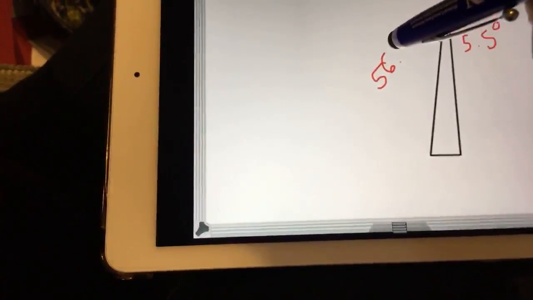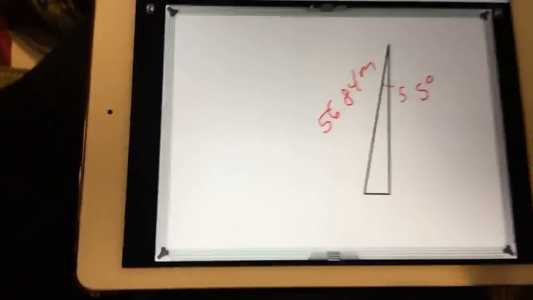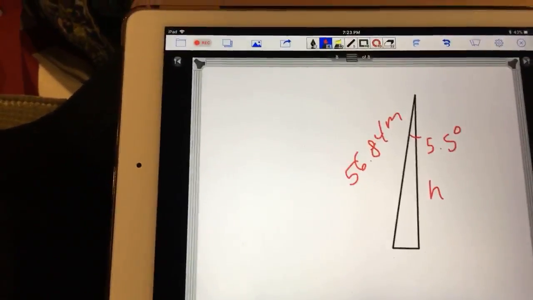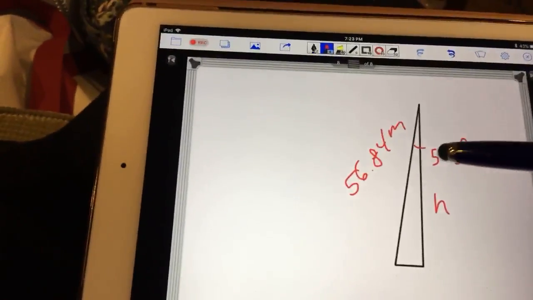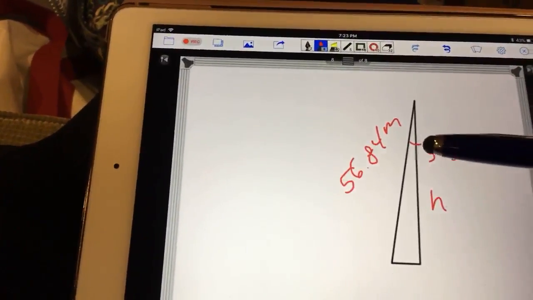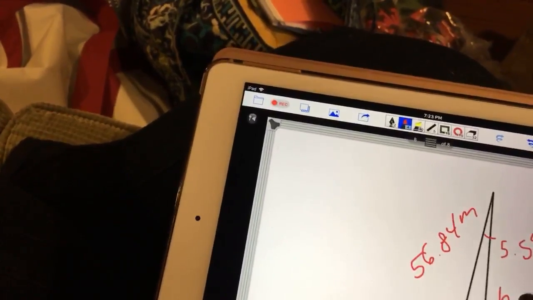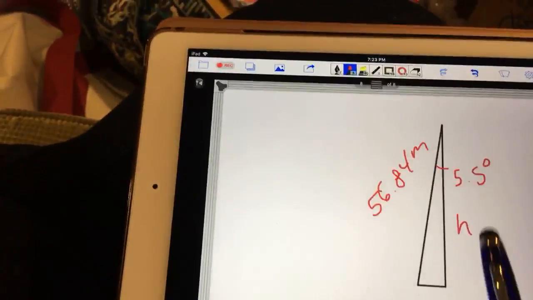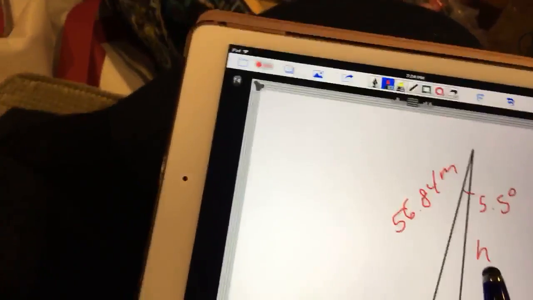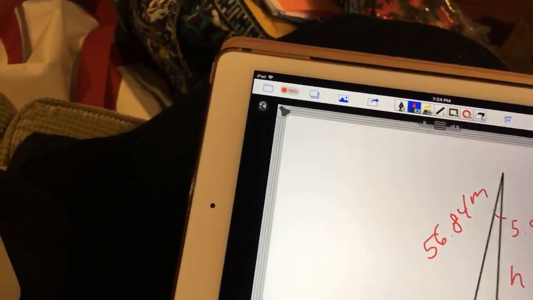All right, so this is 5.5 degrees, and this is 56.84 meters, okay? So what we need to do is figure out this distance. Here's our angle, and this is not an angle that's in the usual spot that we would think of it being. But the two sides that we're dealing with, H is going to be the adjacent side, and this is going to be the hypotenuse.